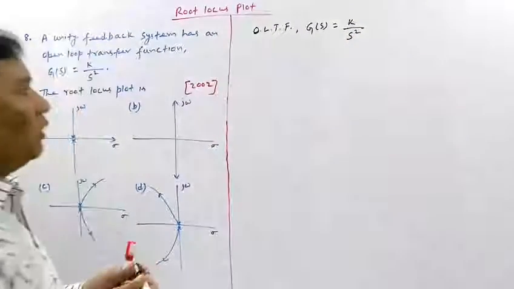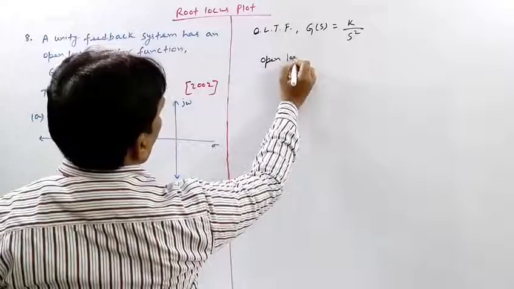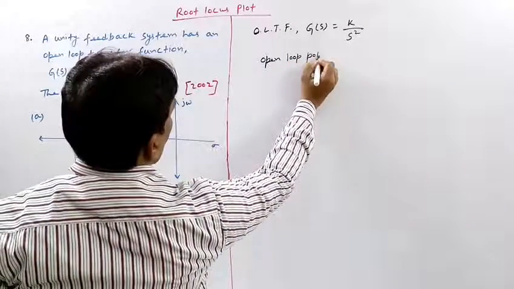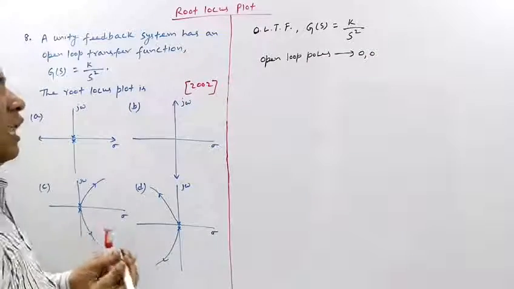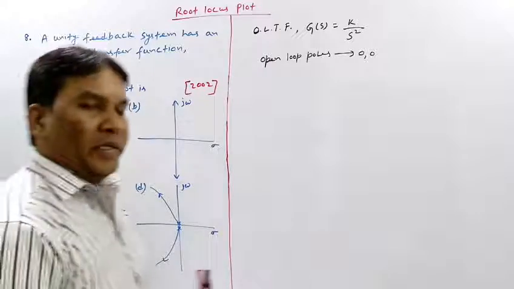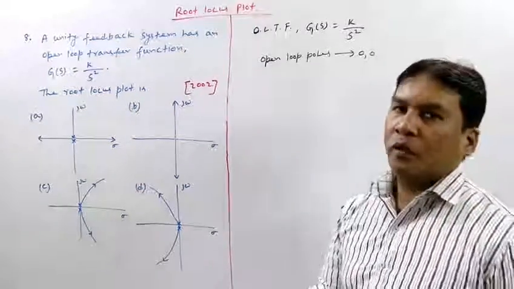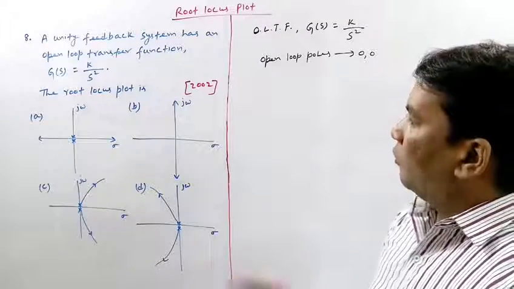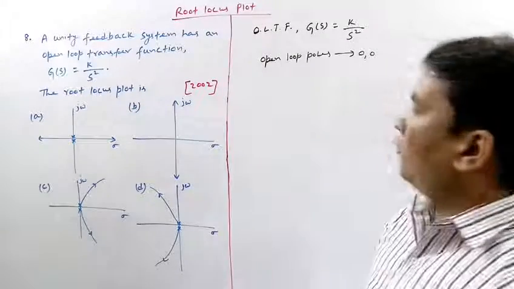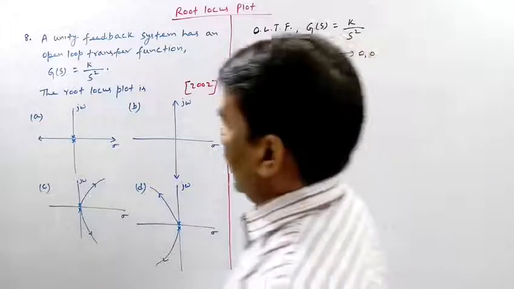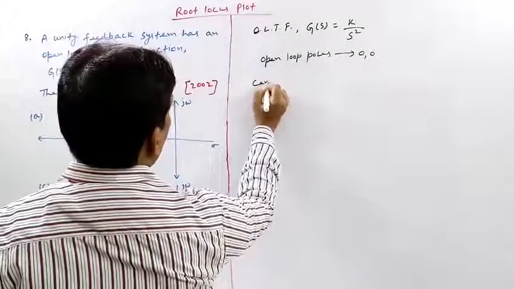Now there will be only two poles, so open loop poles are 0, 0. So there will be only two poles and they will terminate at infinity along some asymptote because there is no zero. So how will they terminate? So we have to calculate the centroid and the angle of asymptote.